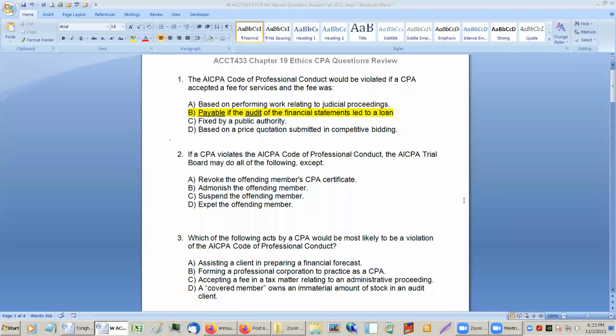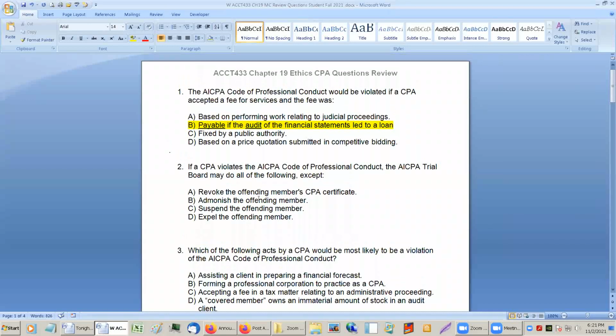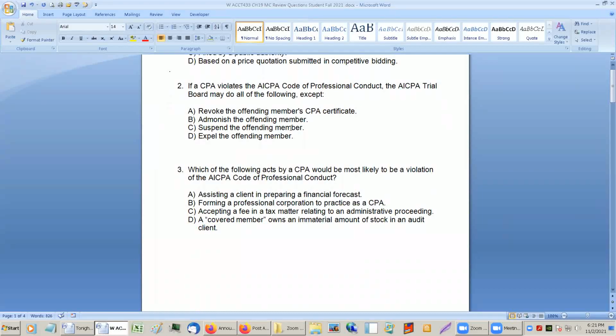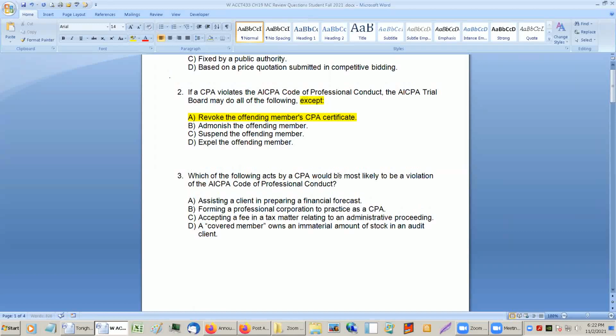Okay, number two. Very good. CPA violates the professional code of conduct. They can do everything except you can't take away the license. Why? The state gives the license, not the AICPA club.